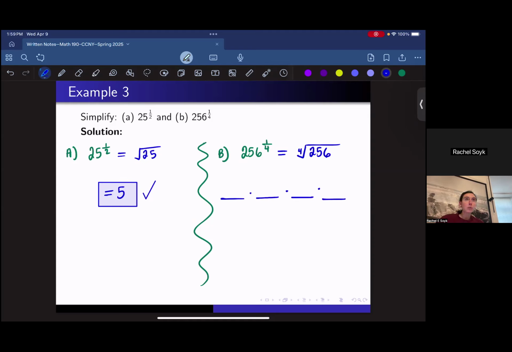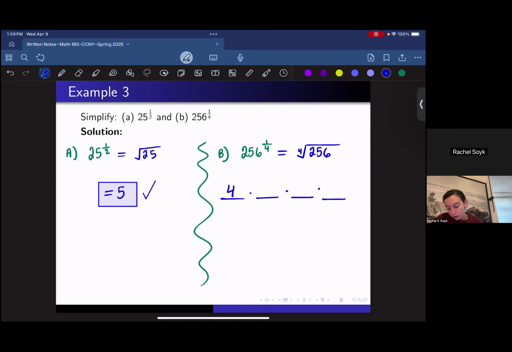And first we want to ask ourselves, is it a whole number? Well, we know 2 to the 4th is 16, so it can't be 2. What about 3 to the 4th? Well, 3 to the 3rd is 27, 3 to the 4th is 81. That's still smaller than 256, so let's try 4.